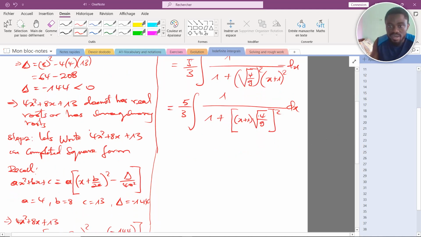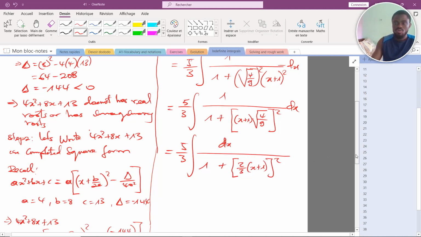But let me simplify this, because the square root of 4 on 9 is simply the square root of 4 over the square root of 9, which gives 2 on 3. So this will be equal to 5 on 3 integral of 1 dx over 1 plus, I open these big brackets, 2 over 3 into x plus 1, all that squared.